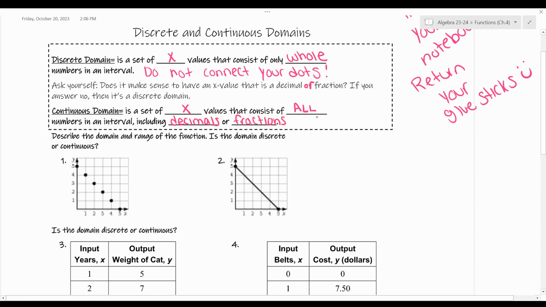Continuous means it goes on forever. If I have something that's continuous, it just keeps going. It also means I'm not stopping anywhere. I am including anything I possibly can, which means you will connect your dots. So I'm going to say connect dots.